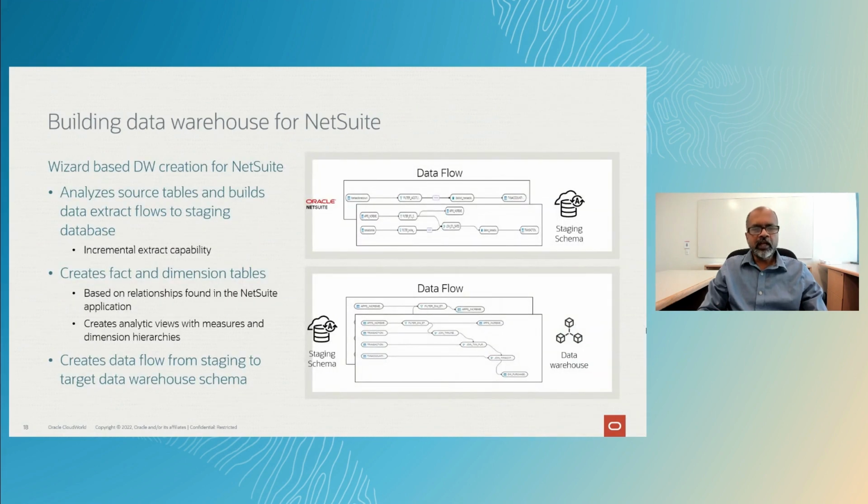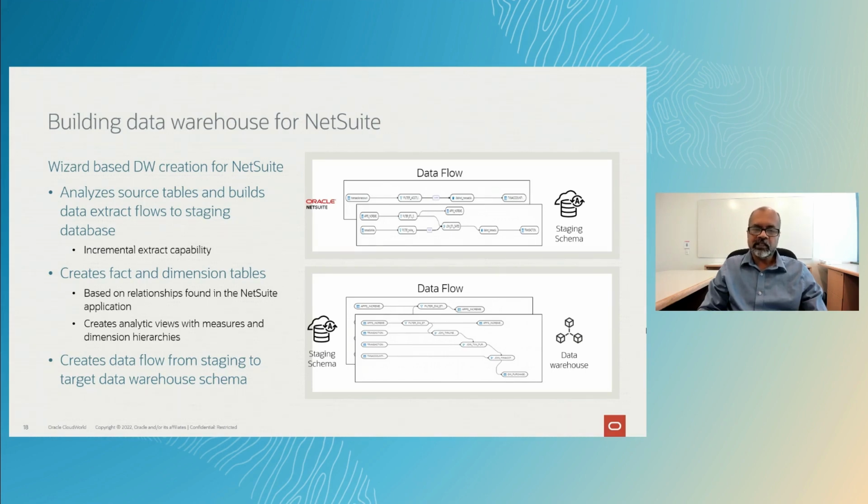Now, for building a data warehouse, the task which we just described for NetSuite, we have a widget available in Data Transforms. And this widget actually does most of the work for you. It analyzes the source tables and builds data extraction flows from sources to the staging schema. And it implements incremental extract capabilities into those data flows, so that subsequent loads will deal with a smaller set of data, only the new and changed data.